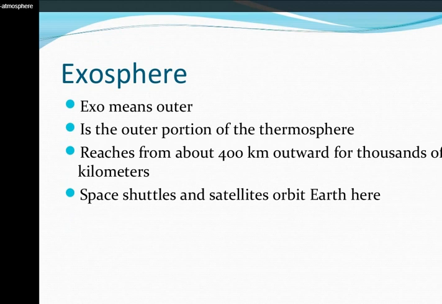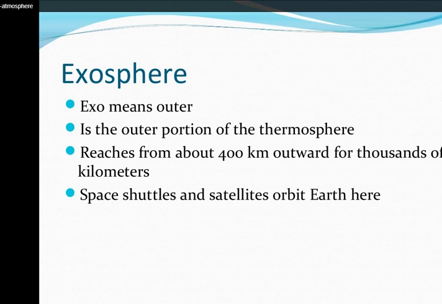Exosphere. Exo means outer. So it is the outer portion of the thermosphere. That's why this book mentioned that there are 4 layers, not 5, if we consider the exosphere part of the thermosphere.